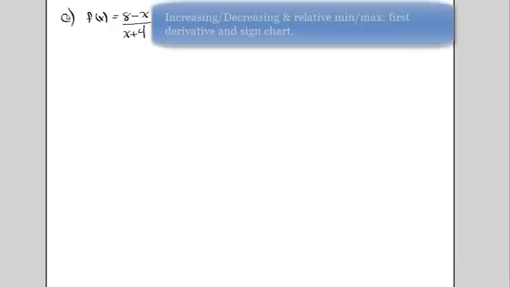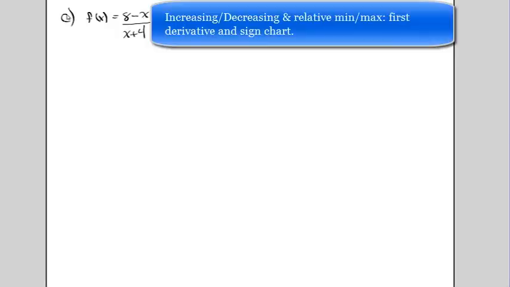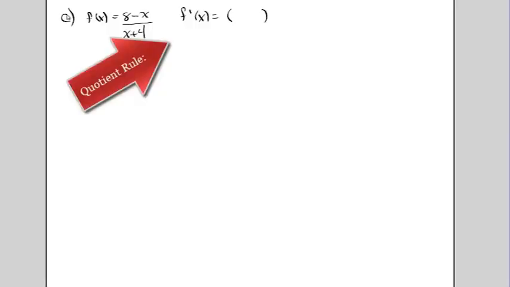For part C, we need to find the intervals in which the graph is increasing and decreasing and locate all relative extrema. Let's recall what f of x equals. Now for increasing and decreasing, you need the first derivative. The first derivative uses the quotient rule.